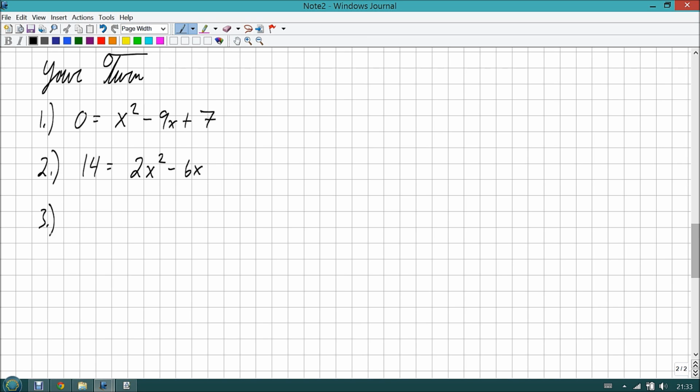Number 3 is going to be 21 is equal to 3x squared, let's make it a plus, plus 28. Nah, 28 is too nice. Let's go with 36, plus 36x.